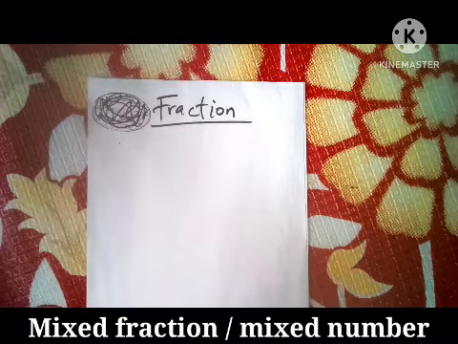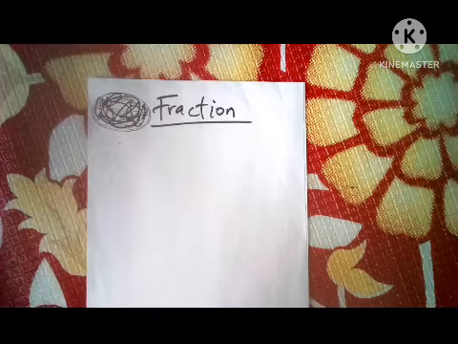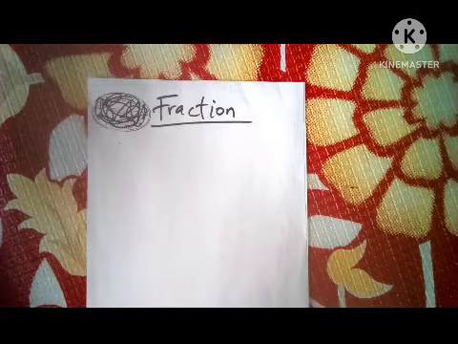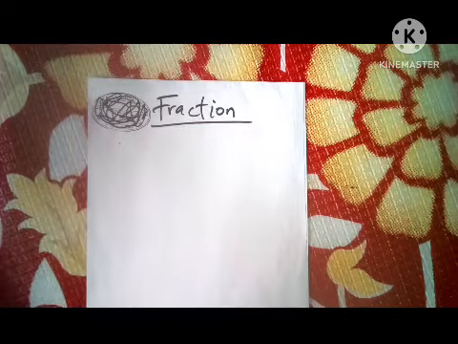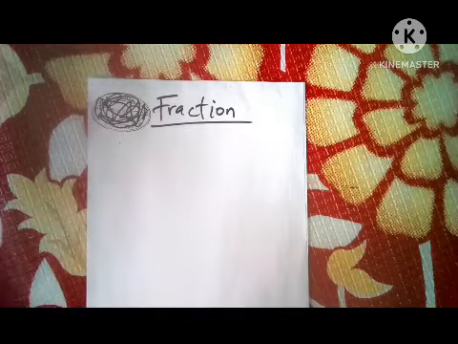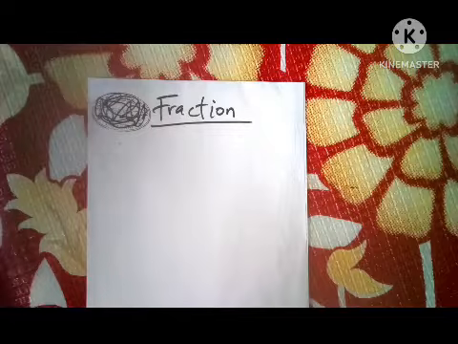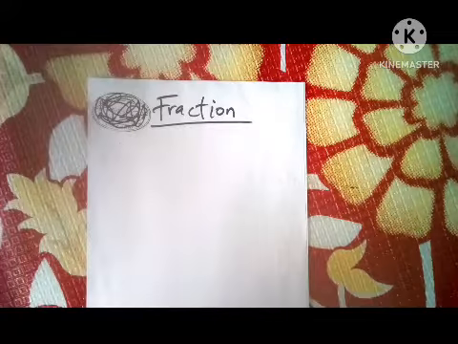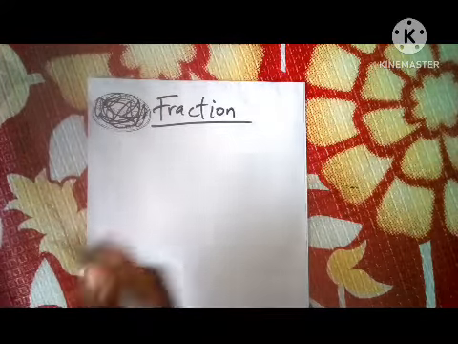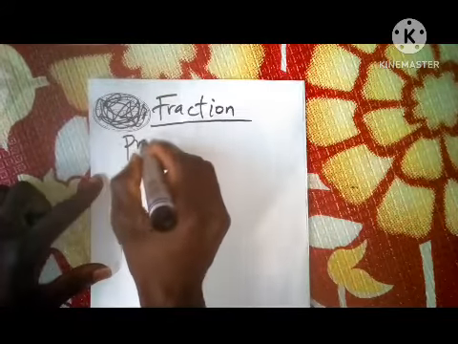Then we have types of fraction, which are the proper fraction, the improper fraction, and the mixed number or mixed fraction. What is proper fraction? Proper fraction is whereby the numerator is smaller than the denominator. It is said to be one that carries smaller value.